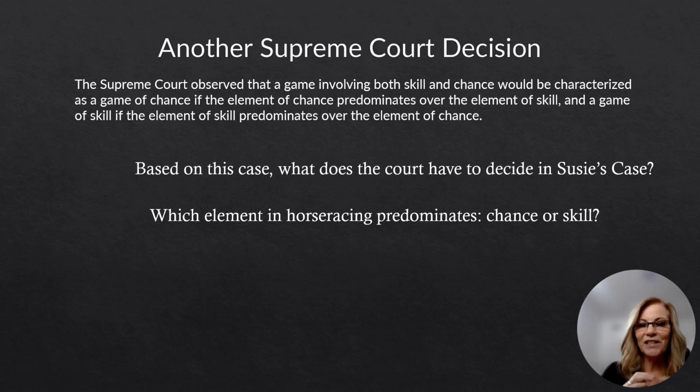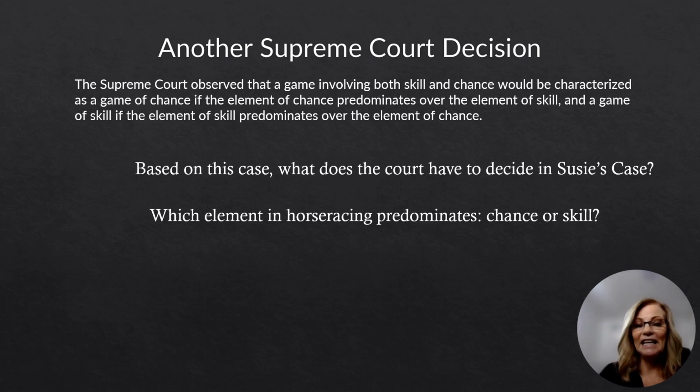Now this is where it's interesting, because you could grab 10 different judges and you may have different answers, right? Of what is skill, what is chance, which one predominates. But guess who gets the lucky draw? The judges that it's up before.